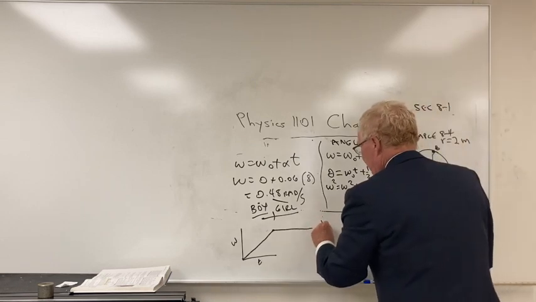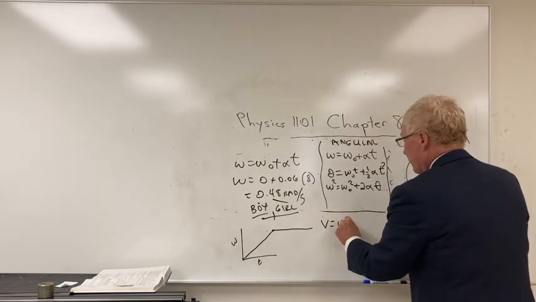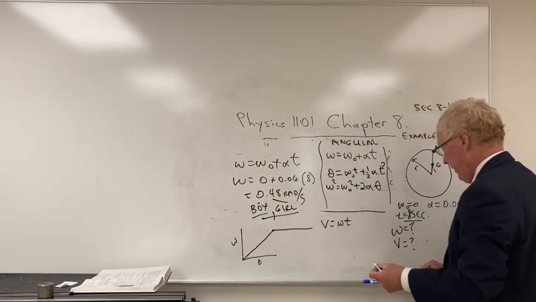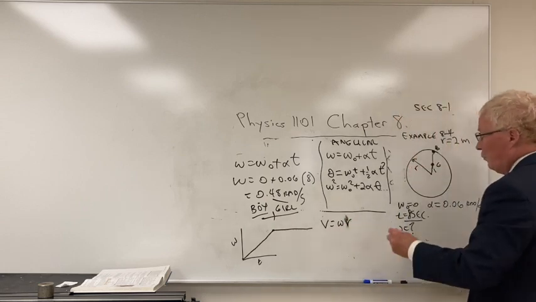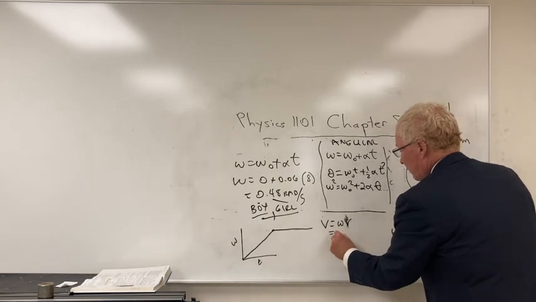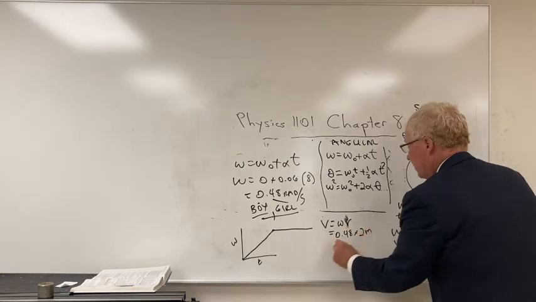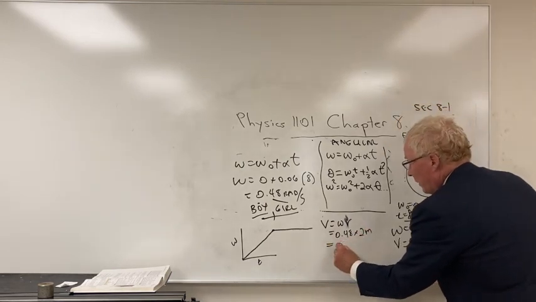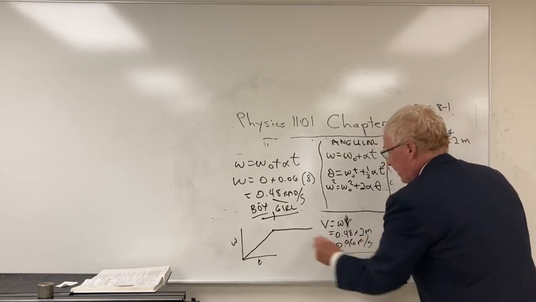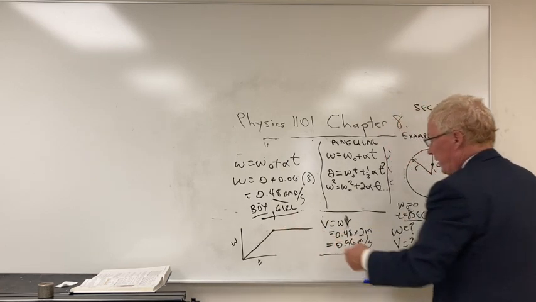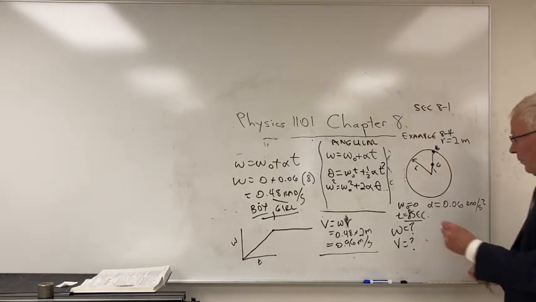Well, we can use our expression v is omega times r, which would be 0.48 times 2 meters, which would be 0.96 meters per second. At the end, he's going 0.96 meters per second. That's for the boy.